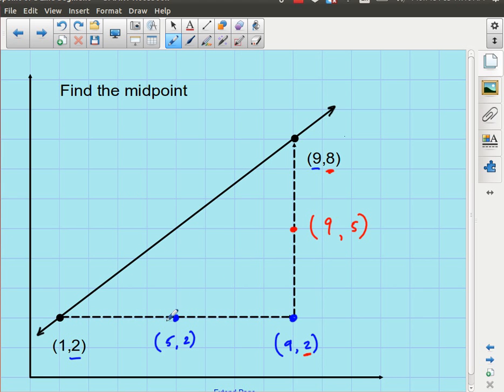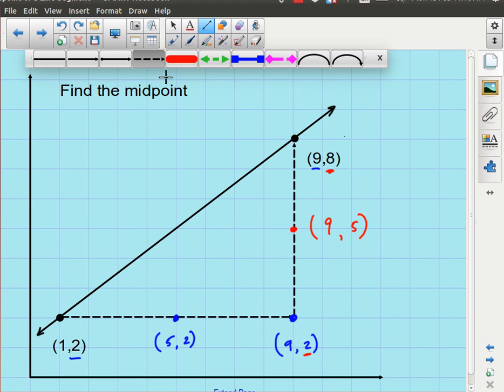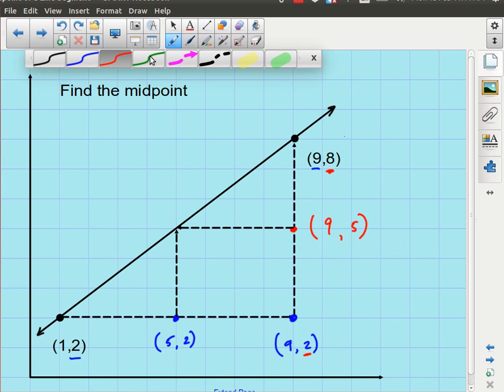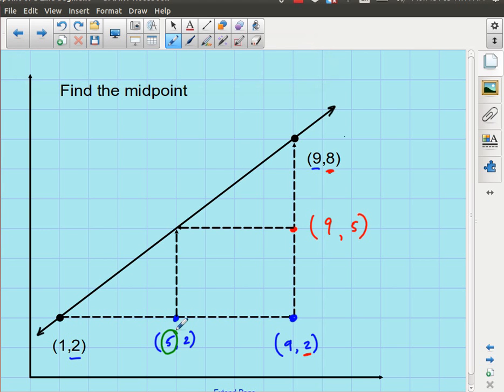I found the horizontal mid and I found the vertical mid, but the last step we're going to take from here is to say, okay, what does this midpoint and this one mean? Let me say this another way: here I found the midpoint of the x's, here I found the midpoint of the y's.